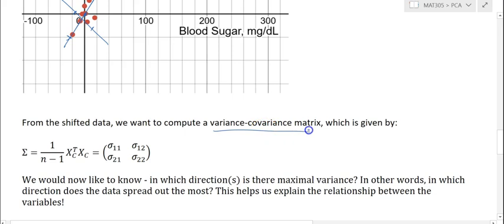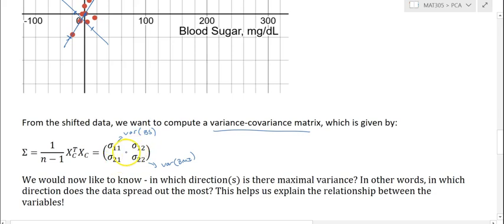And so we build what's called the variance covariance matrix. So in the top left, if you think about it, this is the variance of blood sugar. This will be the variance of your BMI. So along the diagonal, you'll have the variances.